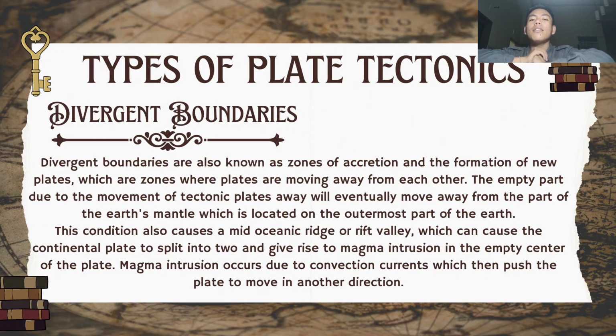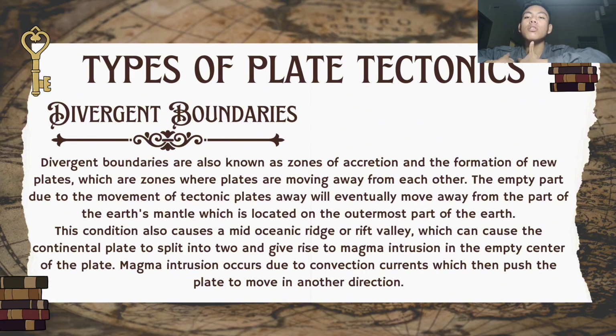Next is the type of plate tectonics. Number 1, divergent boundaries. Divergent boundaries are also known as zones of accretion and the formation of new plates, which are zones where plates are moving away from each other. The empty part due to the movement of tectonic plates away from each other will eventually be filled from the part of the earth's mantle.